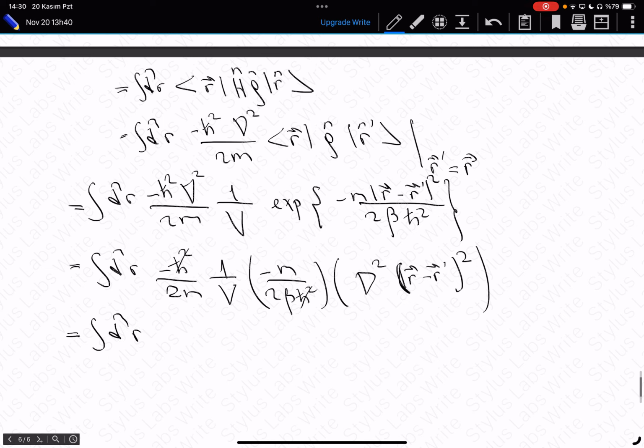Okay, these h bar squares cancel, minus signs cancel, m factors cancel, and I'm left with 1 over 4 beta v. Shouldn't that be a power of 2 and over 2 beta h bar squared? Yes, the 2 is over there. No, that has to be power 2. Why? We're taking the Laplacian, the second derivative, so, oh okay, I probably shouldn't take any shortcuts.